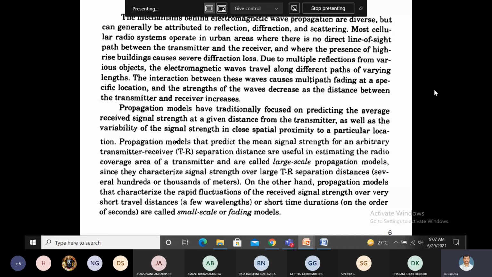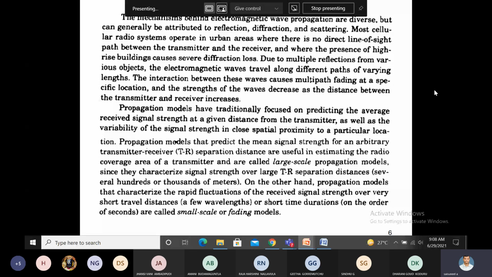The first one is the large scale propagation model. Here the separation distance between the transmitter and receiver is several hundreds or thousands of meters. At that time, we have to calculate how much signal strength is received by the receiver, nothing but the mobile unit. Are there any losses? We are calculating large scale path losses.